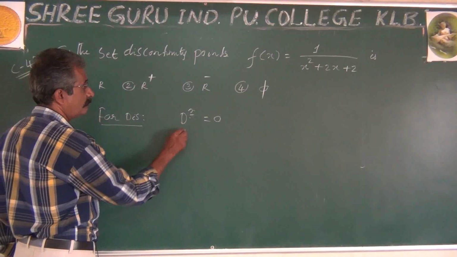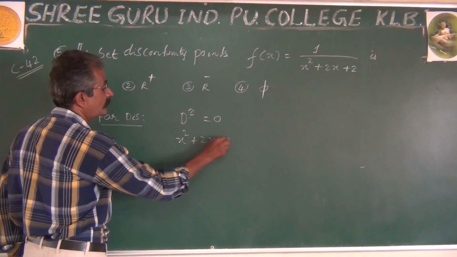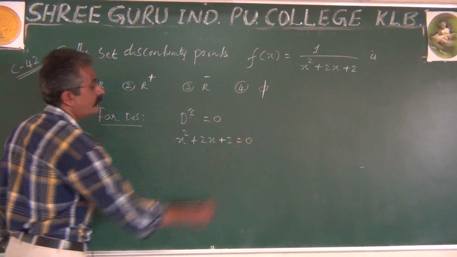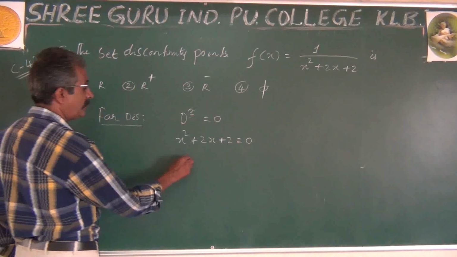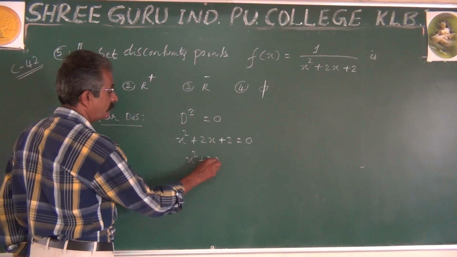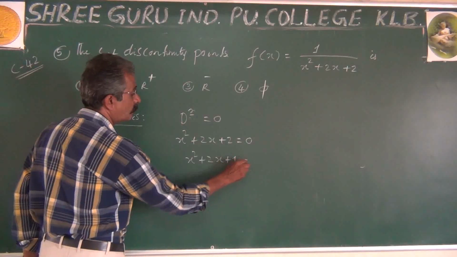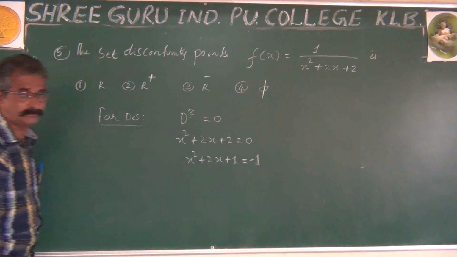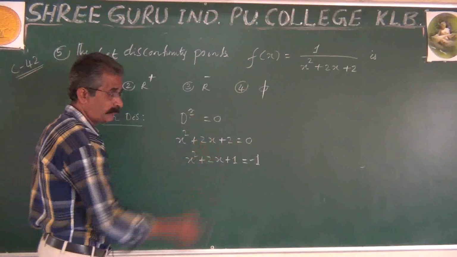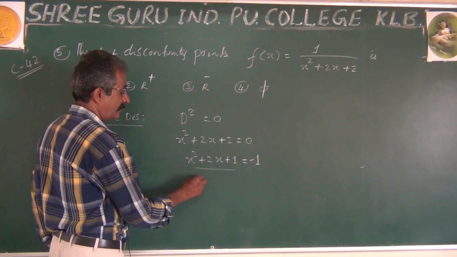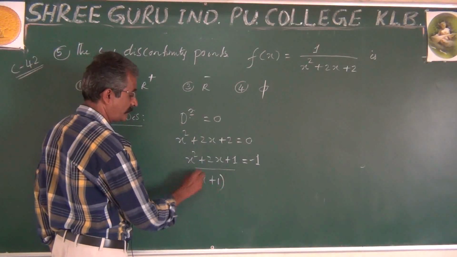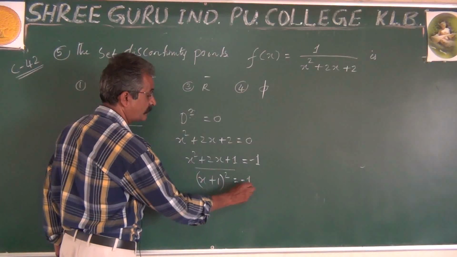Means x squared plus 2x plus 2 equal to 0. That means x squared plus 2x plus 1 is equal to minus 1. That should become plus 2. But this is x plus 1 whole square equal to minus 1.